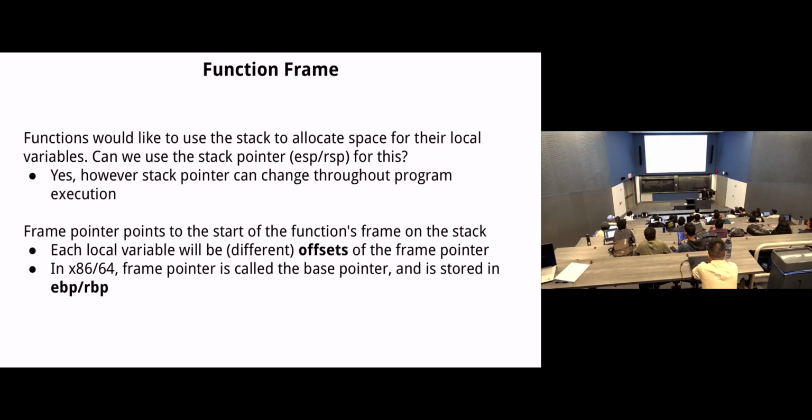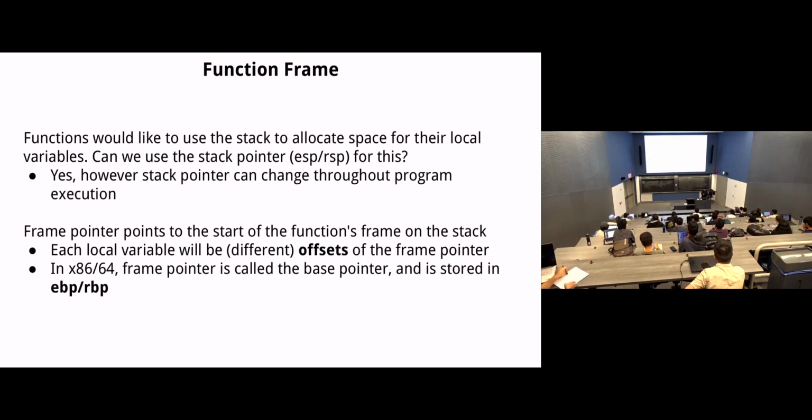Also, a function can be called many different times, so the stack is not necessarily at the same place. It's moving, right? So how do we access those local variables, because their absolute address is moving? That's why we use some offset. And for the offset, we need a base. And that base, we call it the function frame.